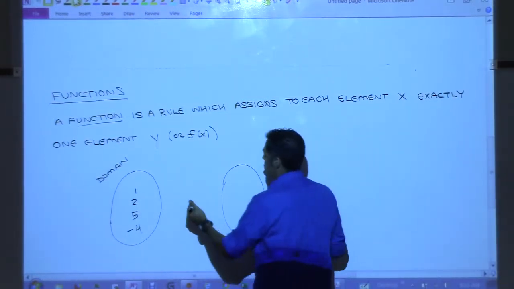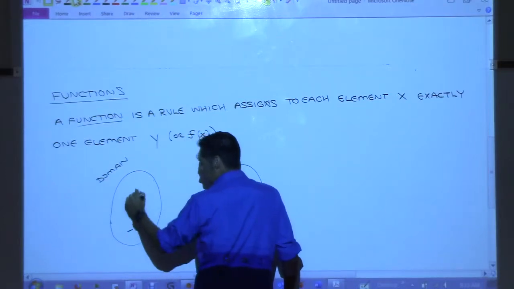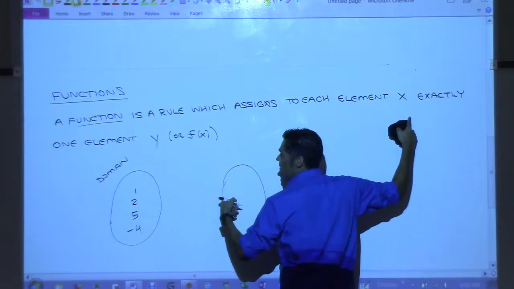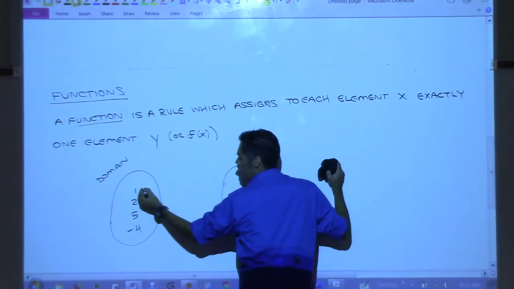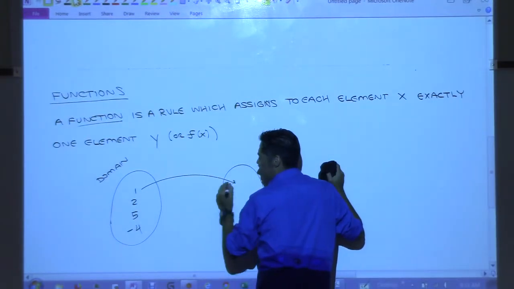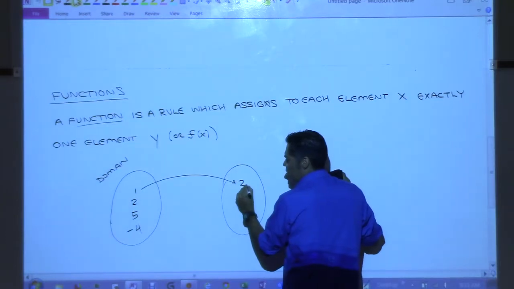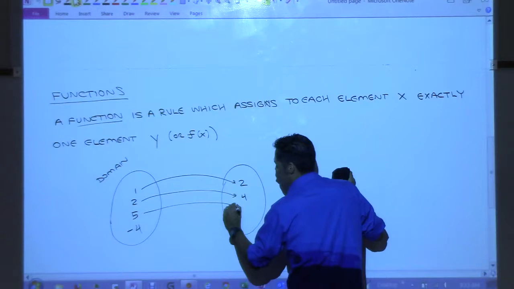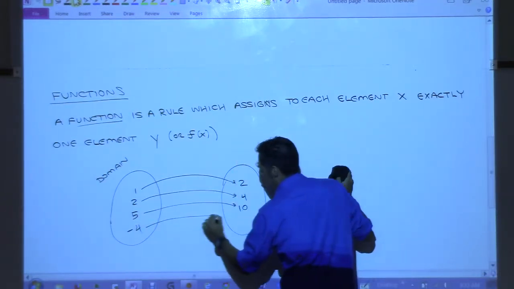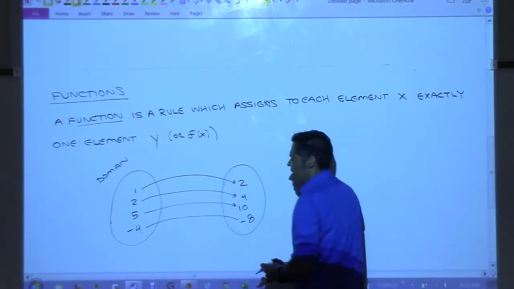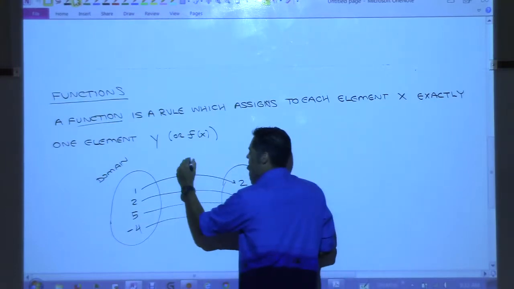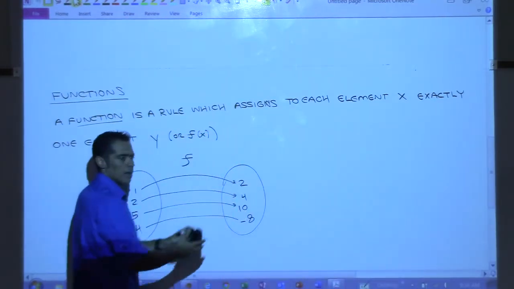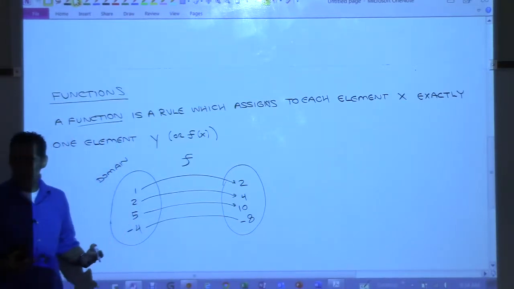What the function does is it takes each one of these and assigns to it exactly one new number. Let's say it takes the number 1 over to 2. Maybe it takes the number 2 over to 4. Maybe it takes the number 5 over to 10. Maybe it takes the number -4 over to -8. So there's a rule that I'm following when I'm moving these numbers from here to here. And that rule is the function.